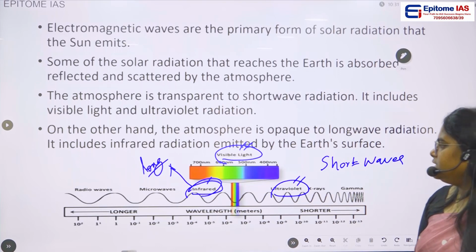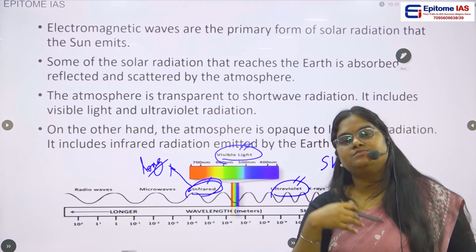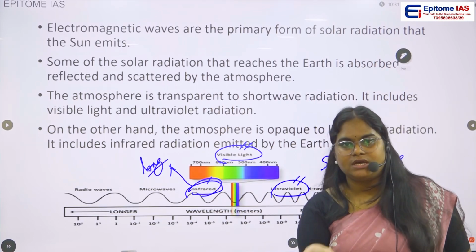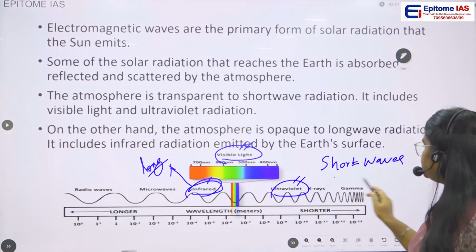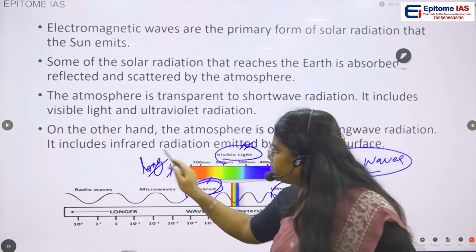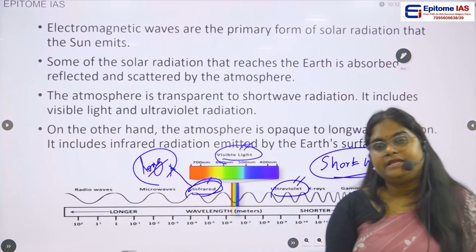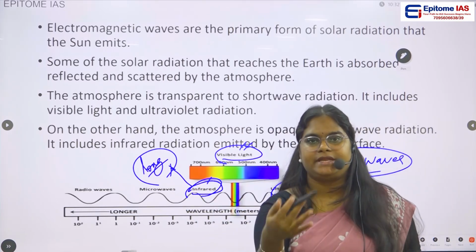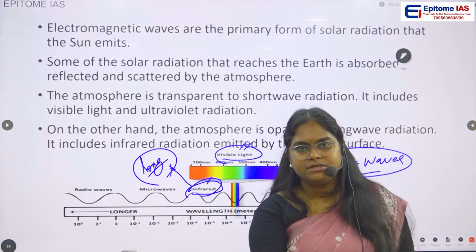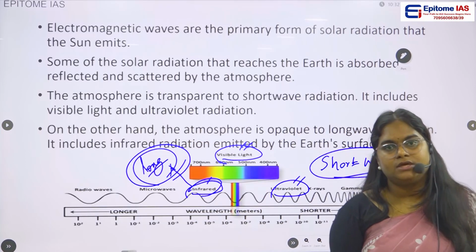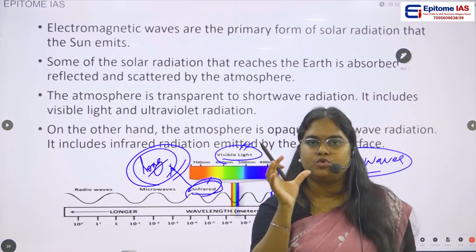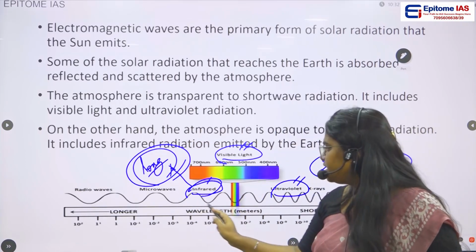So technically the sun, which has more temperature compared to the earth, will be radiating more short waves and some of the long waves. But in the earth's case, the earth radiates terrestrial radiation, which has more long waves, that is the infrared waves.